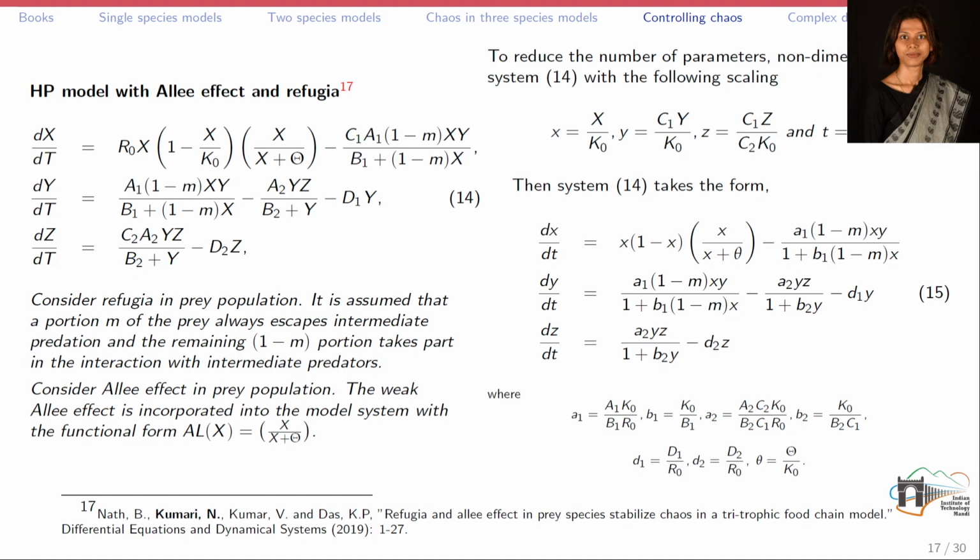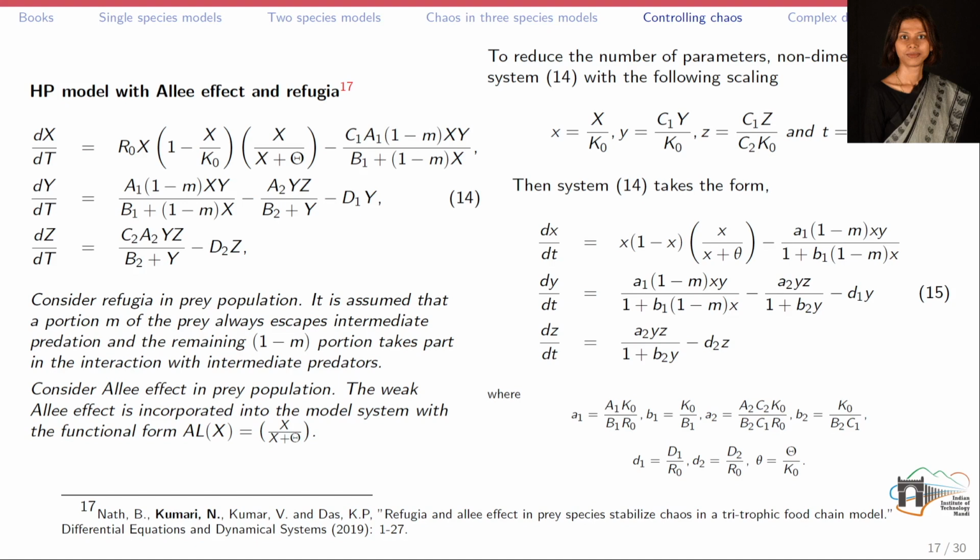Another goal of studying such ecological models is to understand the distribution of the populations in space, or in simple words, how these populations are distributed in a particular region or locality wherever they exist.